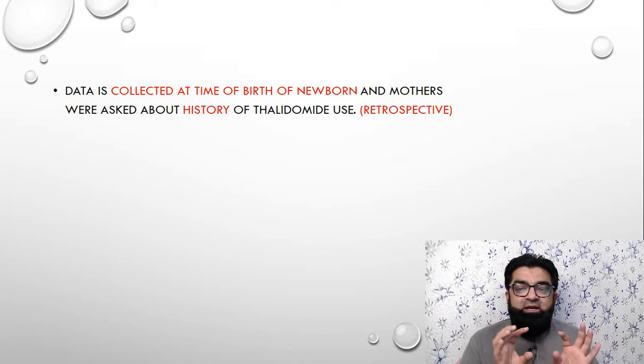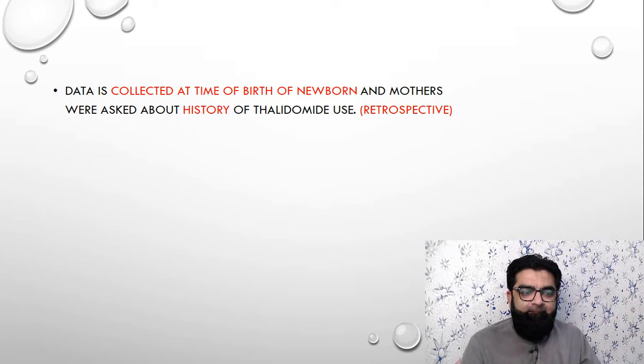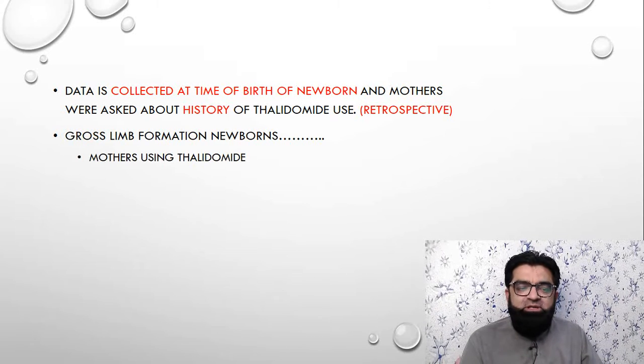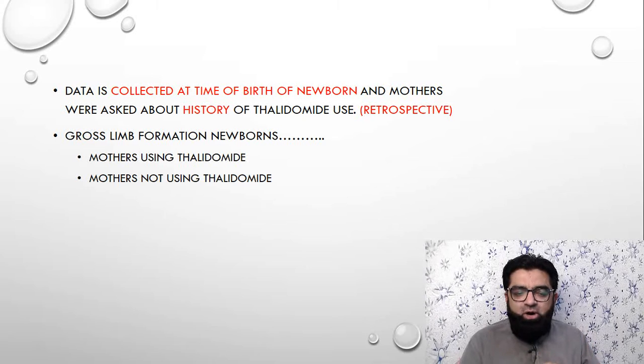So we collected the data at the time of birth of the newborn, and mothers were asked about the history of thalidomide which they used during pregnancy. And what will we get? Babies with gross limb malformation, either having mothers using thalidomide, or there may be mothers who are not using thalidomide, but they gave birth to gross limb malformation newborns.